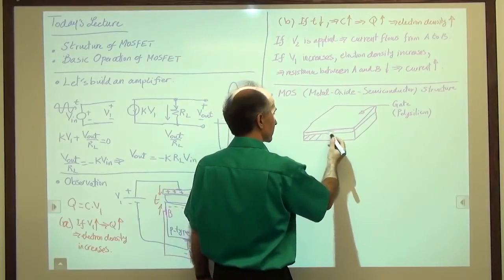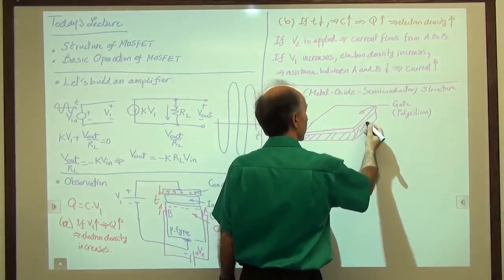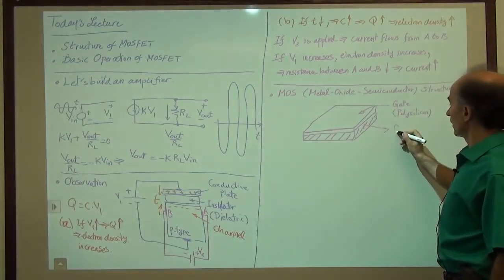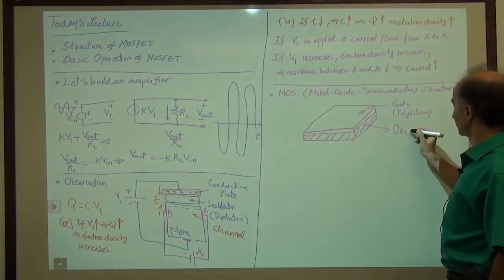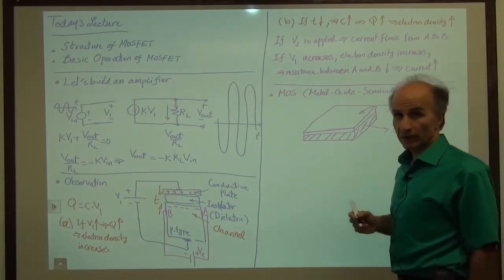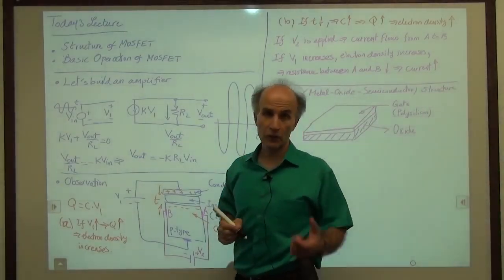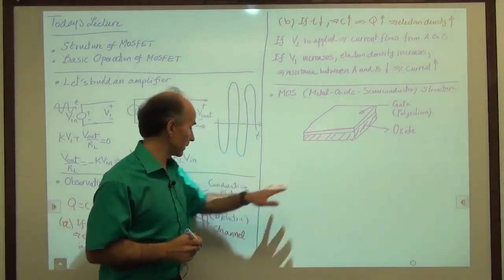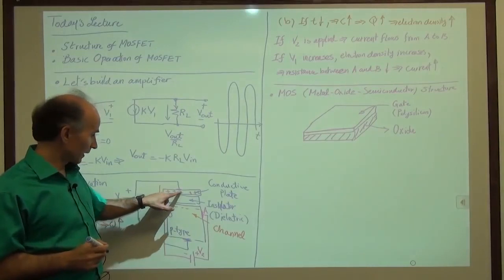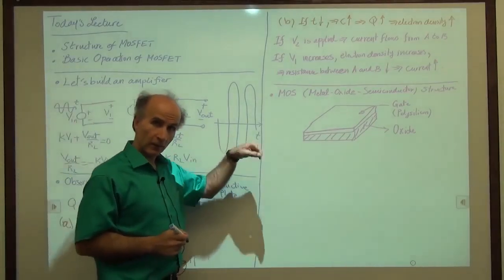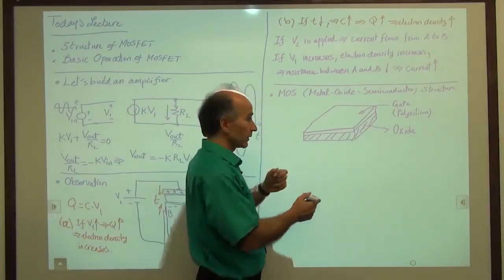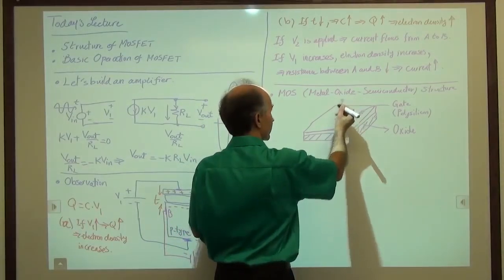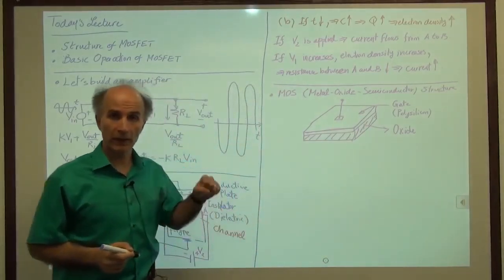So this insulator is made of what we call oxide. So this is really silicon dioxide, but we just shorten it to oxide. We call it oxide. All right, so we see the correspondence between this and this so far. We need some sort of contact here to make contact to the gate, to bring a wire out. So put the contact here, although in practice it may not be exactly here, but that's our contact. We have a wire connected to the gate.